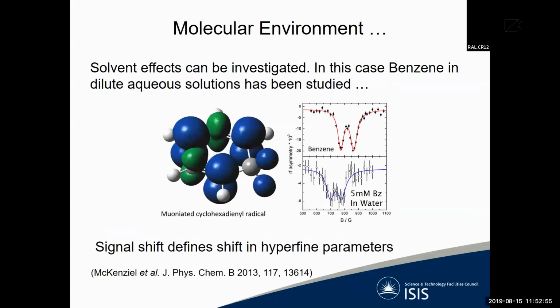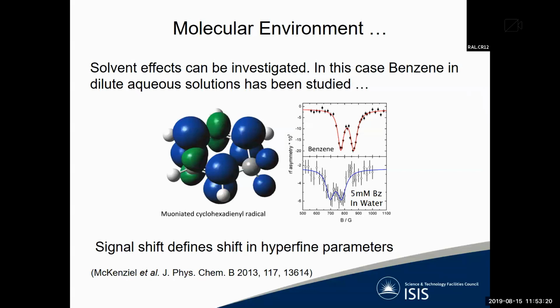Finally, molecular environment. This was an experiment that was done here, looking at solvent effects. And again, we're looking at benzene, and in this case, benzene in dilute aqueous solutions. So again, we're putting muons in, we're forming radicals, so this is the neat benzene. And you can see it splitting due to the coupling to the neighboring proton on the ring.